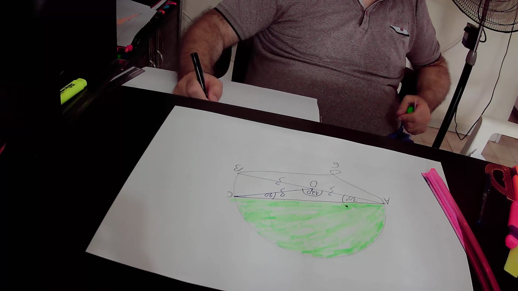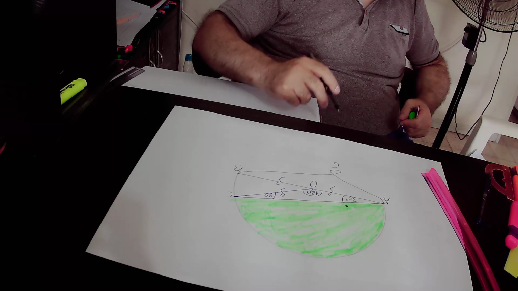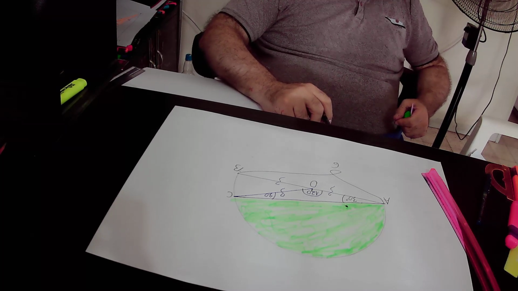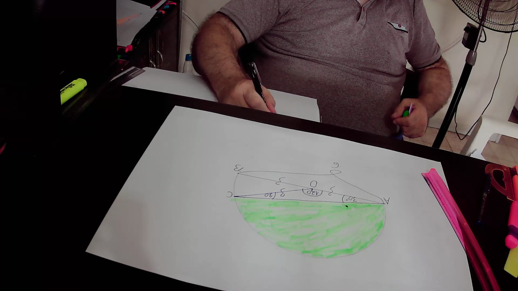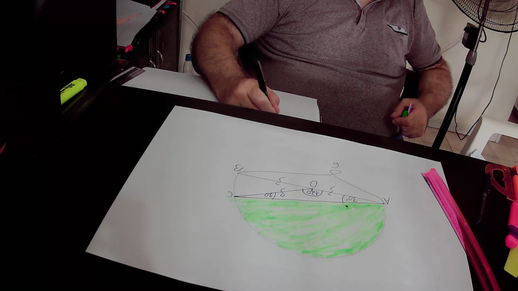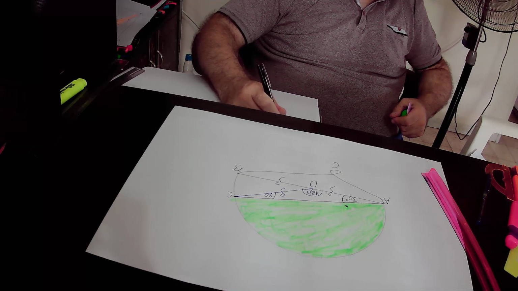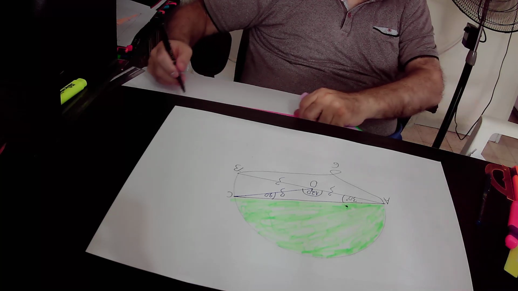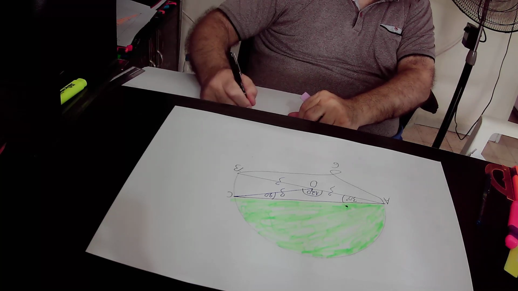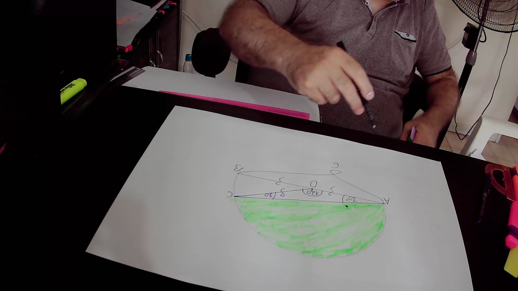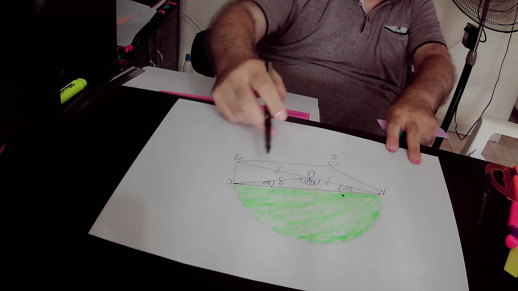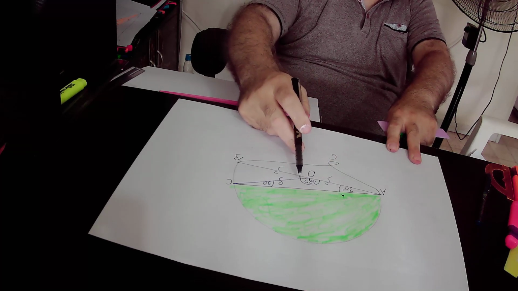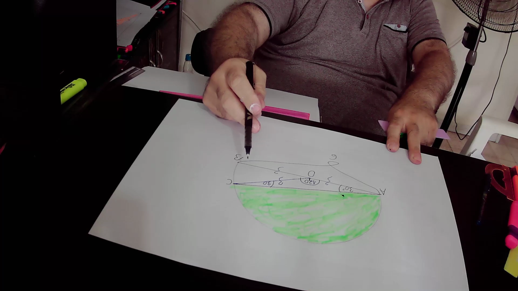We can actually calculate the area of this green shape according to a different formula. The area of this green shape is equal to the area of the semicircle minus the area of triangle AOC minus the area of sector BOC.